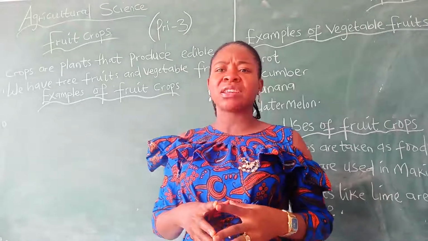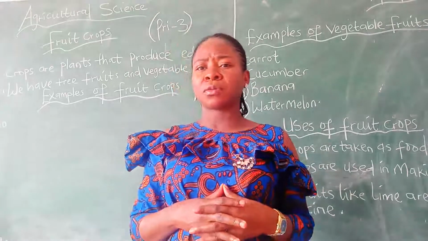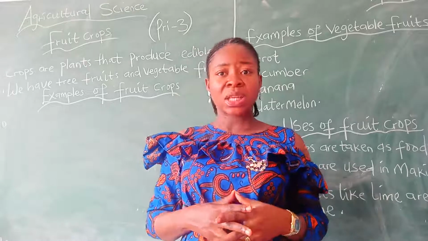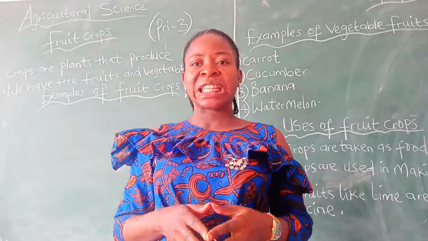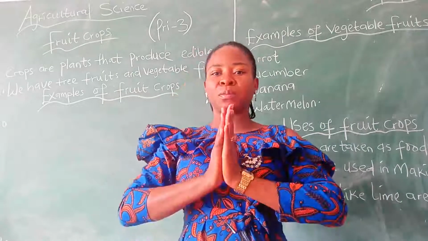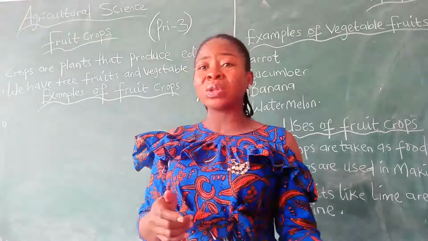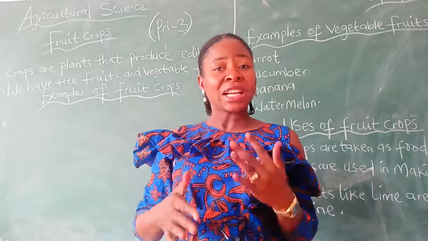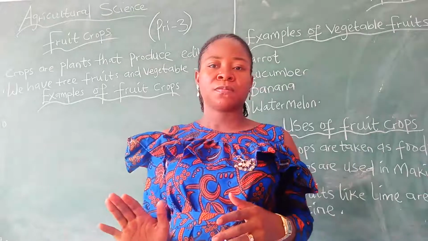Now, from today henceforth, when you see a watermelon, do not say that it is not a fruit. It is a fruit, but it is a vegetable fruit. It is not basically a pure tree fruit. Sometimes we can even exclude them from fruits, but naturally they are fruits, but not like tree fruits.